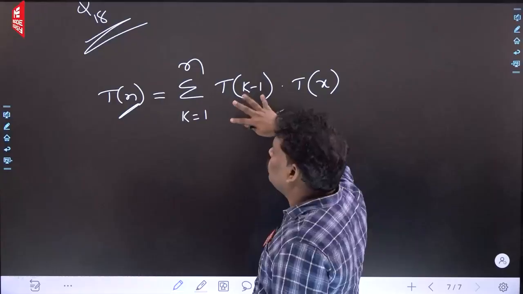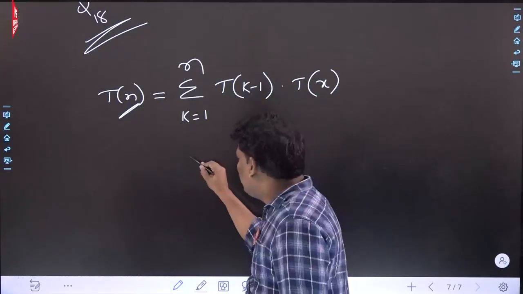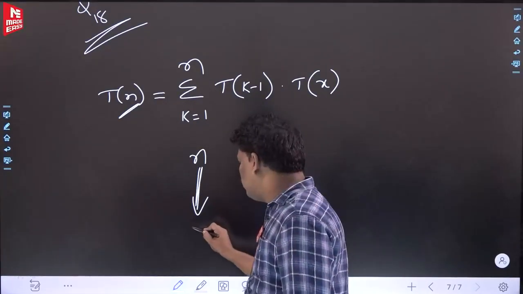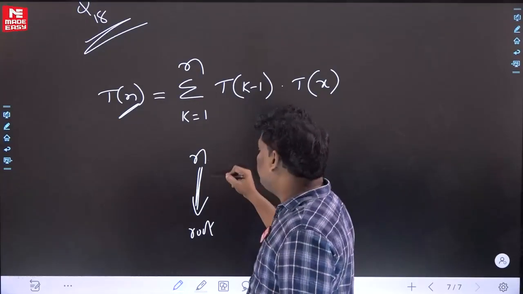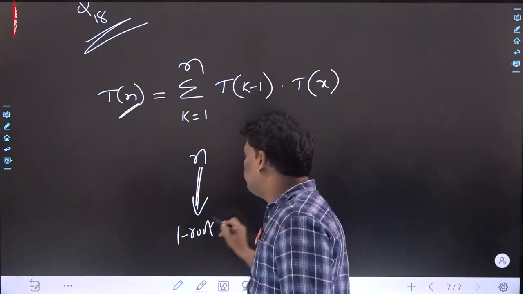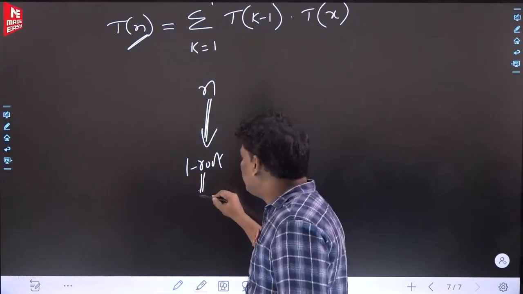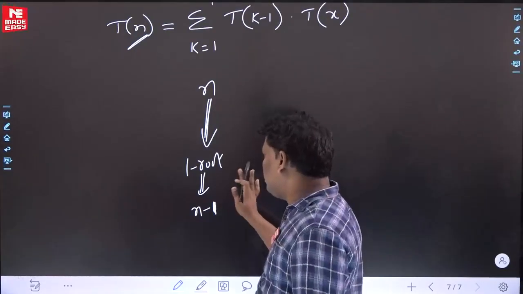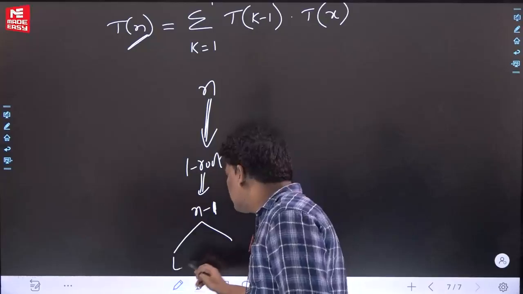Out of those n nodes, one root will be there, remaining people are n minus 1. Those n minus 1 people divide into two parts, left side and right side.